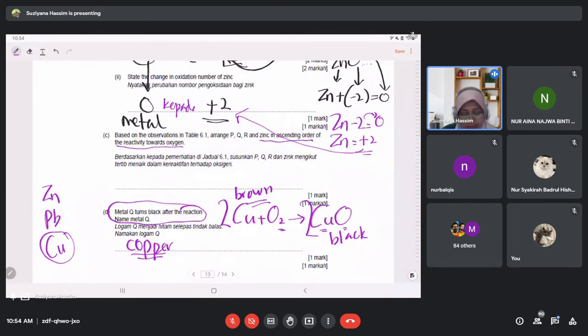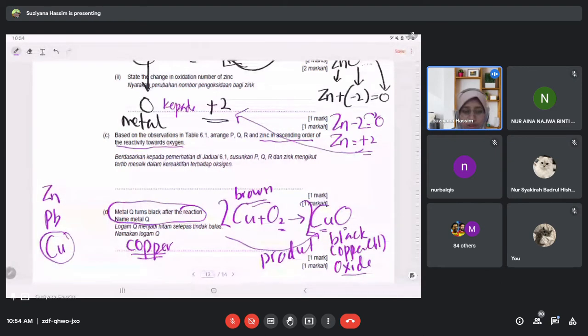So, name metal Q: copper. You have to be careful whether they are asking for the metal or the product. Now they are asking for the metal. If the product, the product is copper(II) oxide.